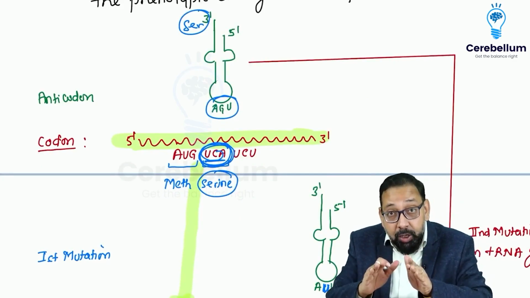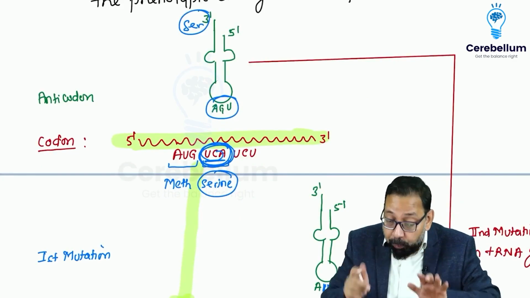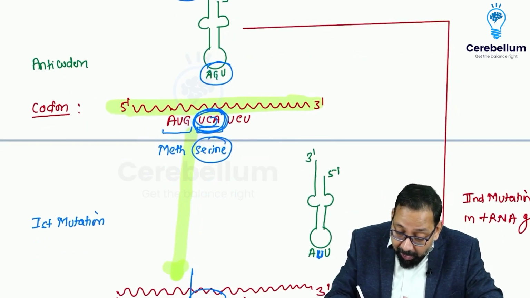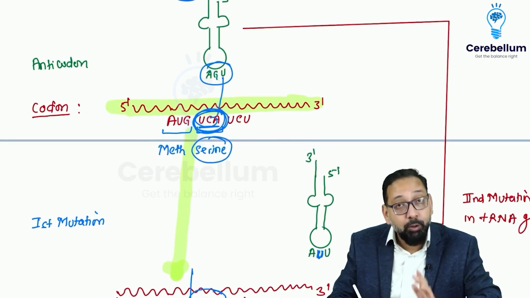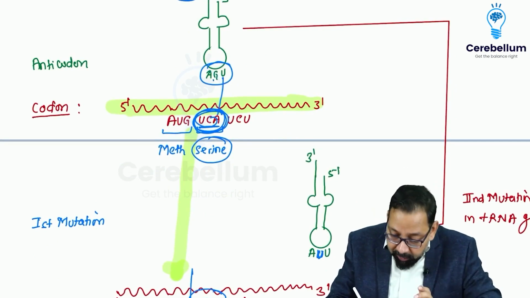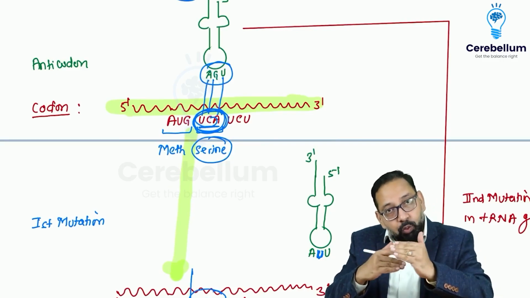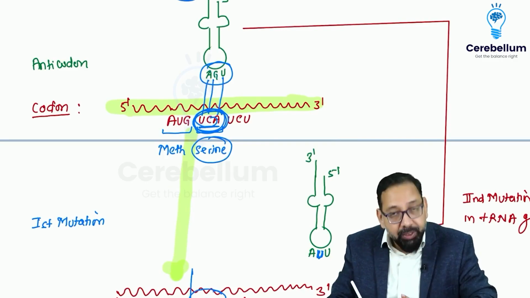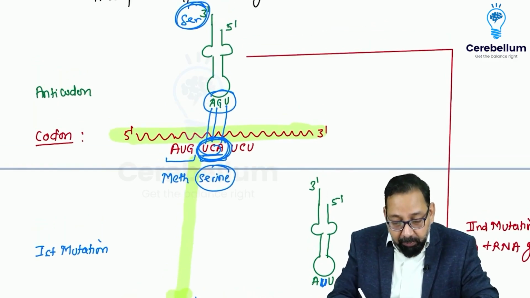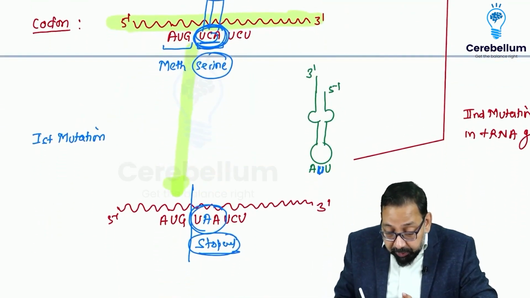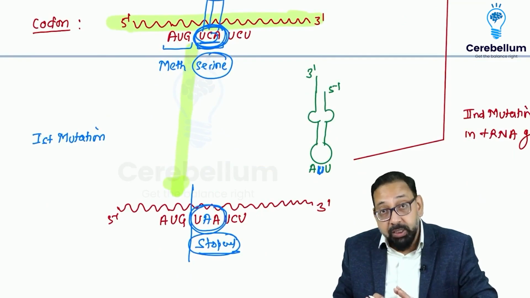In the normal situation, with no mutation, transfer RNA having serine will come and U will pair with A, G will pair with C, A will pair with U, the base pairing rule is followed, and protein synthesis will occur and serine will be added. But due to this mutation, it is now a stop codon, so protein synthesis will stop.